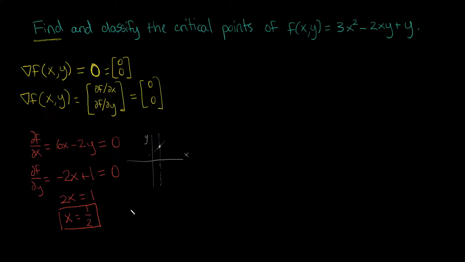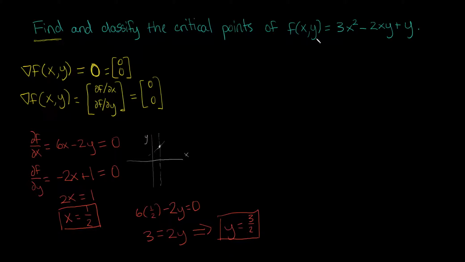Well, we know that x must equal 1/2, so we get 6 times 1/2 minus 2y equals 0. Well, 6 times 1/2 is 3, and if we add 2y to both sides, we find that 3 equals 2y. Well, this just implies that y equals 3 divided by 2.